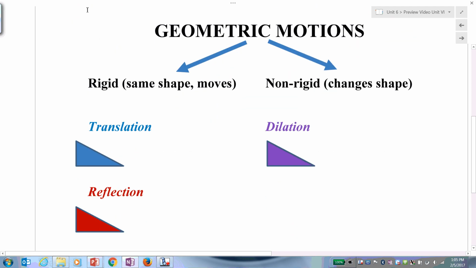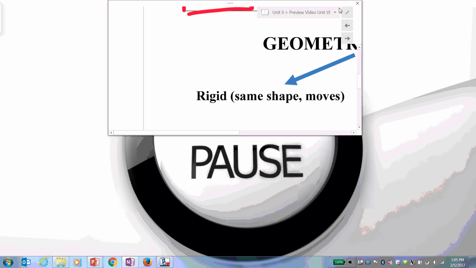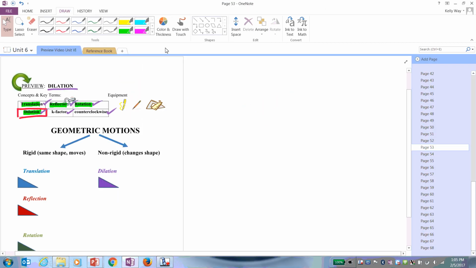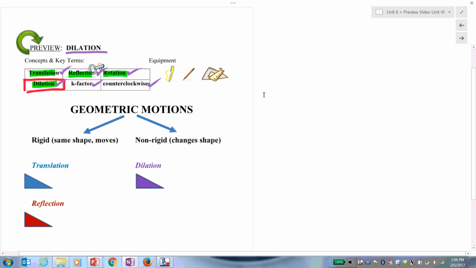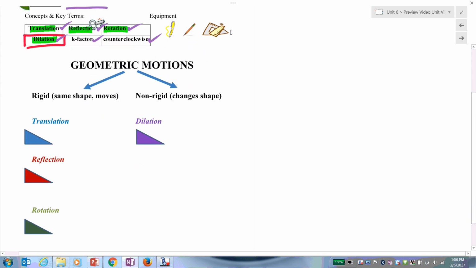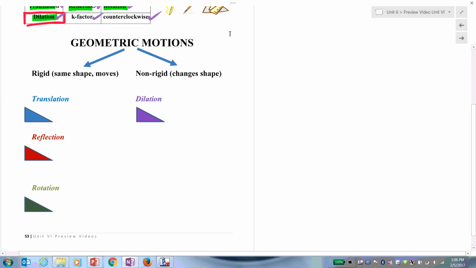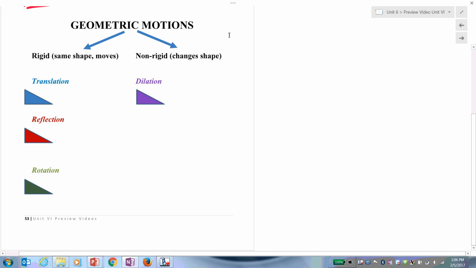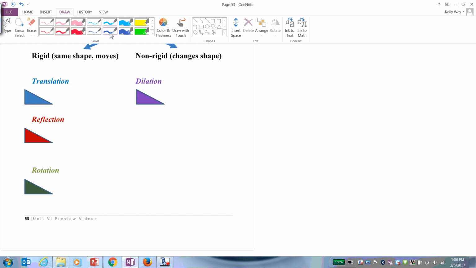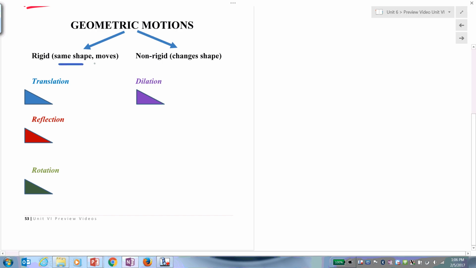Now, when we're dealing with geometric motions, there are two main kinds. There's rigid motion and non-rigid motion. Rigid motions, the shape stays the same shape, it just moves around, such as translation, which means to slide.